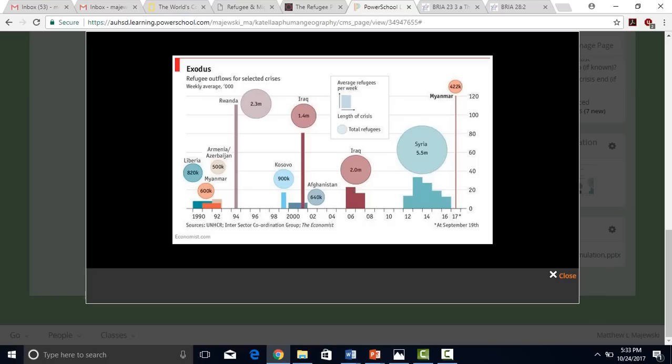Ultimately, almost 2.5 million people were forced to flee to nearby countries as a result of the crisis in Rwanda. Kosovo is in Europe. It's in southern Europe. Again, ethnic cleansing by Serbians from the nearby country of Serbia.